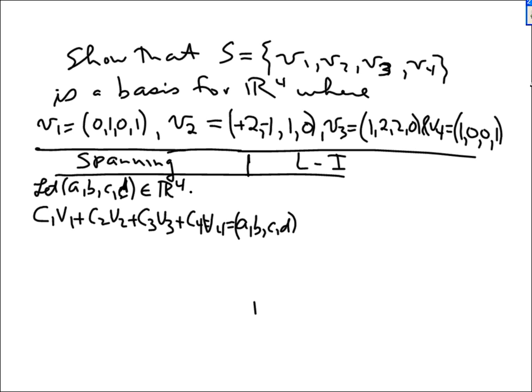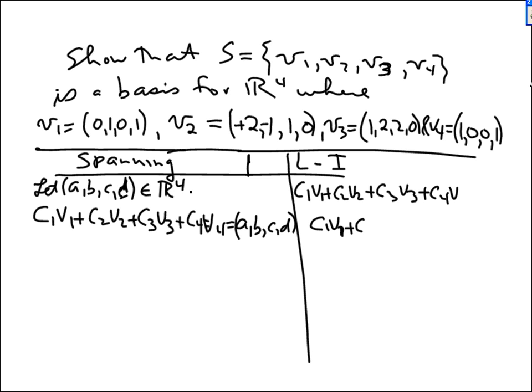ABCD. Okay, now for linearly independent, something else I need for a basis, I want to show that a linear combination, using the same letters, C1 V1 plus C2 V2 plus C3 V3 plus C4 V4, equal to 0, 0, 0, 0.